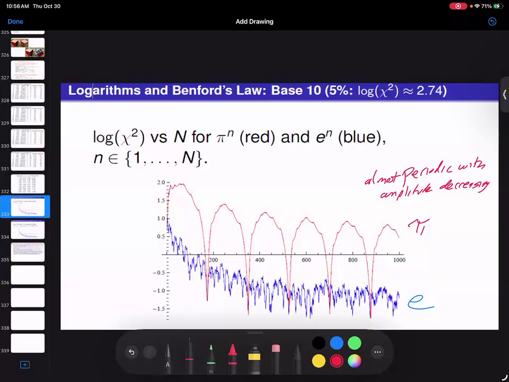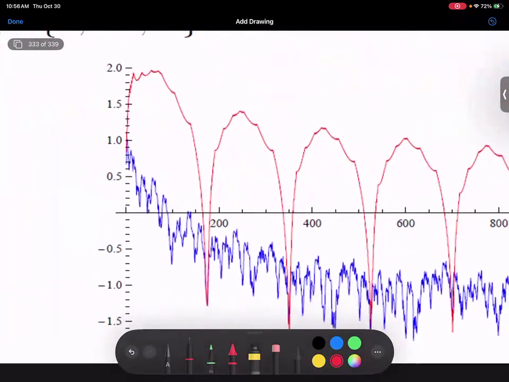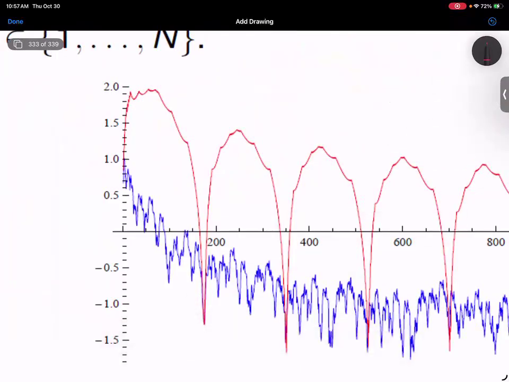Can you estimate what the period is? Anybody want to try to guess the period? Maybe 175-ish? Okay, maybe 175-ish.